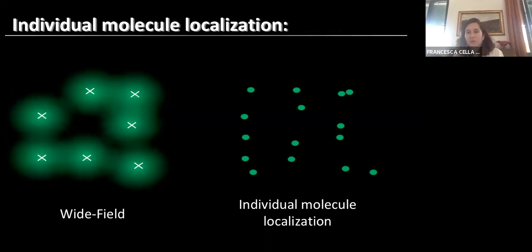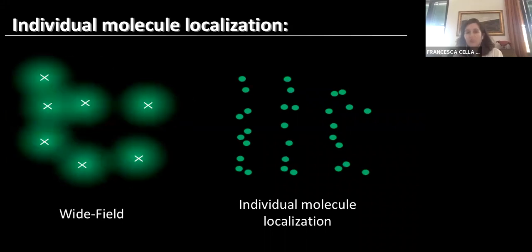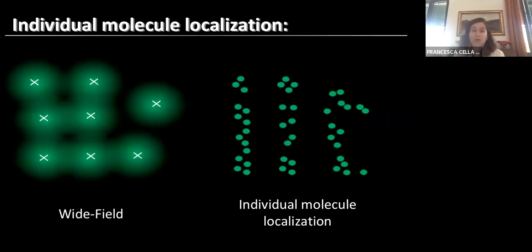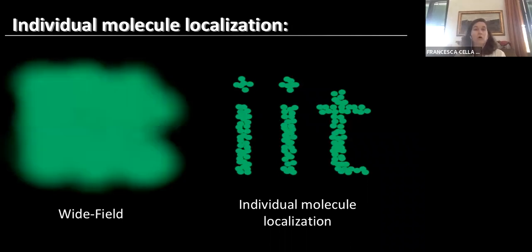So we switch off the molecules and we turn on other molecules, and then we repeat on, off, localize, on, off, and localize until we have a final image, a reconstructed image, because this is only a trick. We are not really changing the microscope. We are playing with the molecules, playing this on-off game to reach an information that is definitely far below the resolution limit.